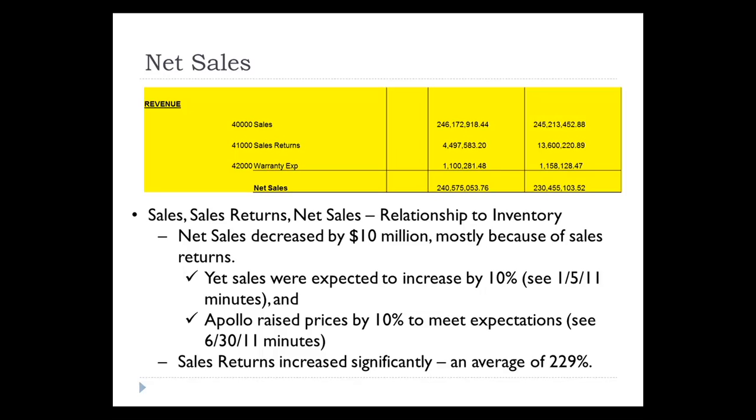Because what you want to see is whether these returns really relate to sales from the previous year. So what portion of that 13.6 million is really from 2010 sales, right?